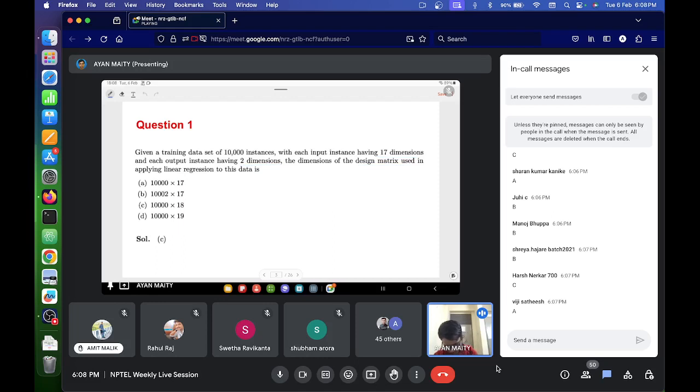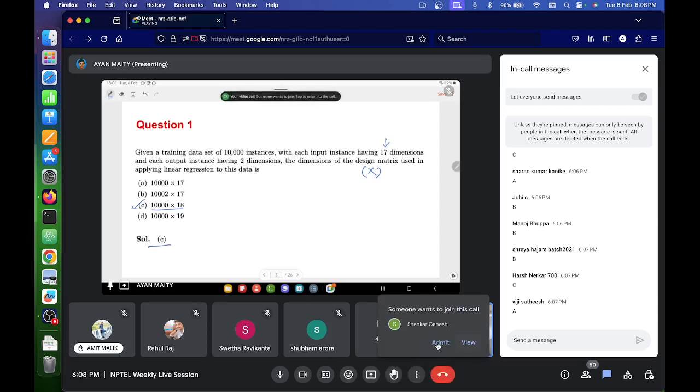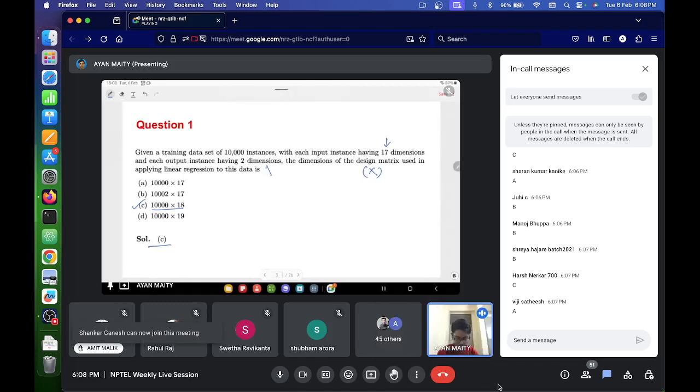The correct answer is option C. 10,000 into 18. So design matrix, as I have said during the question, is this capital X matrix that we use in linear regression, and each input instance is having 17 dimensions, and each output instance has 2 dimensions.